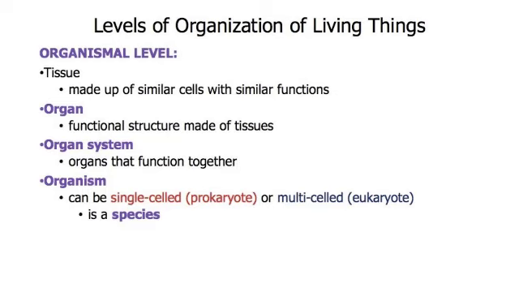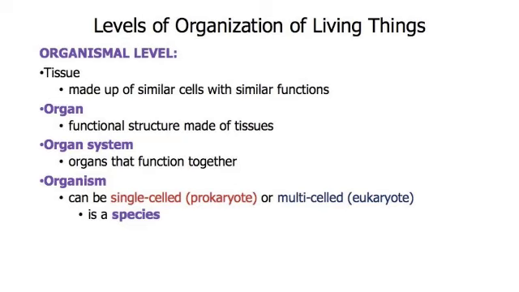And from there we find the organ system level of organization. So an organism's body consists of several organ systems, each of which contains 2 or more organs. For example, your circulatory system consists of your heart and blood vessels.